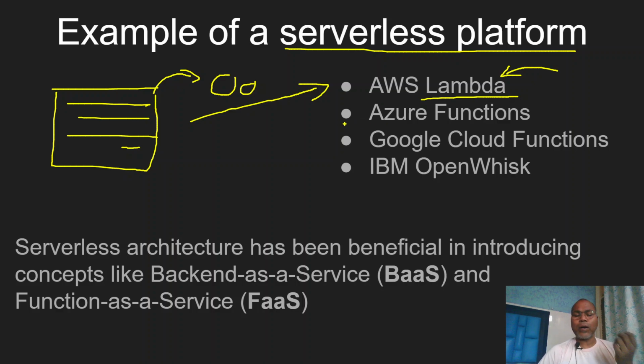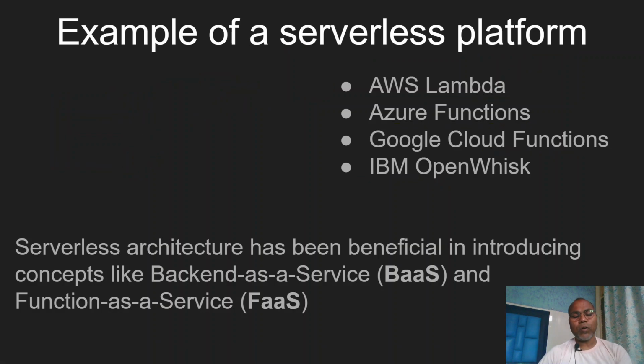Similarly, Microsoft has Azure Functions, Google has Cloud Functions, and IBM has OpenFaaS. So these are the cloud providers which offer you a serverless platform. That means they provide all the infrastructure for your application.